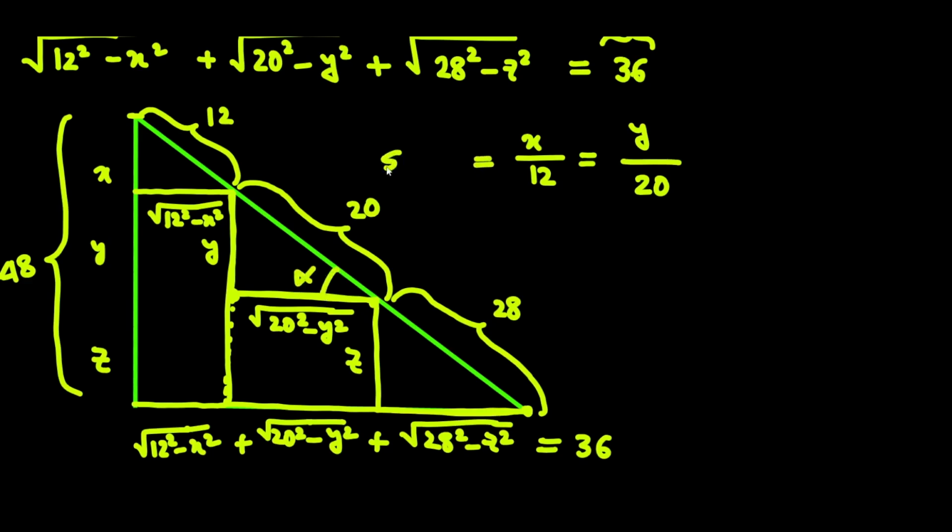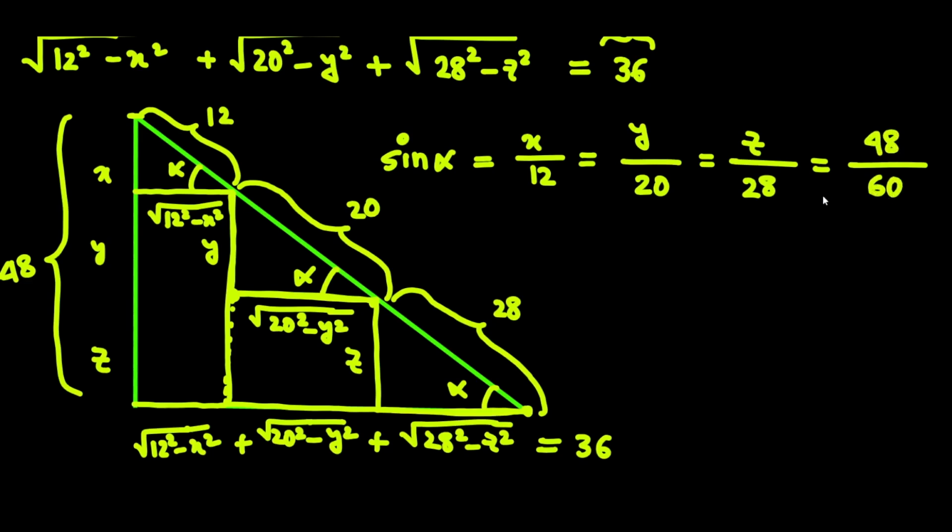Okay, so this is the sine alpha, right? This is alpha, this is alpha. The whole triangle has this alpha. So sine alpha means opposite by hypotenuse. So this is valid for all of these, 28, and if we add all those up, we will have x plus y plus z, which is 48, and below we will have 60. So from here we can easily solve for x, y, z.